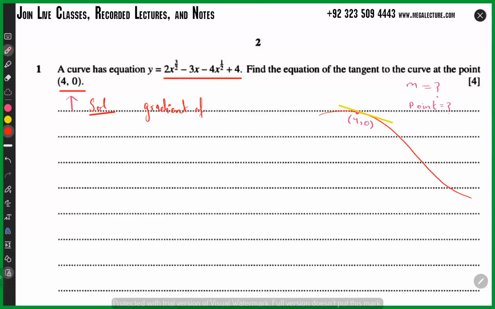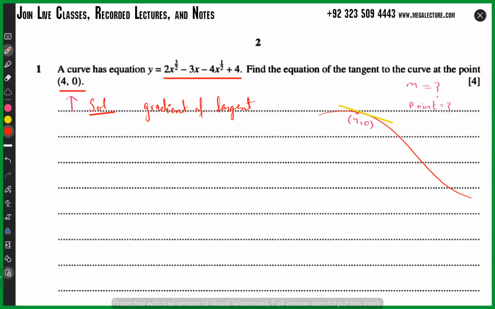If you remember in the last class, at the end, when I started talking about the gradients of curves, I told you that in order to find the gradient at any point on the curve, you need to make the tangent and find the gradient of the tangent line, and whatever gradient we have for that tangent line is going to be the gradient of the curve at that point.